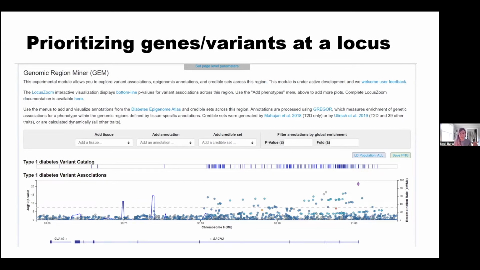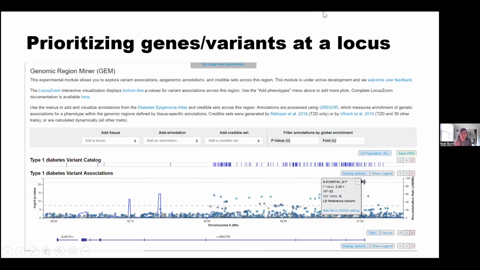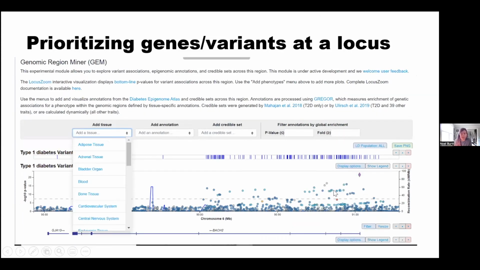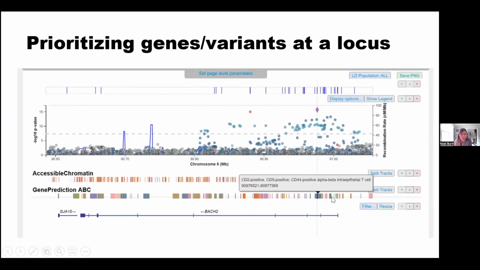I'm just going to briefly walk through this one because I think I have a couple more things that will be more interesting to you. It allows you to search your favorite variant and set it to that locus. You can also see the most significant association there by highlighting here. Then you can pick your favorite tissue, your favorite annotation, and a credible set, and the table updates below and allows you to overlay different things.